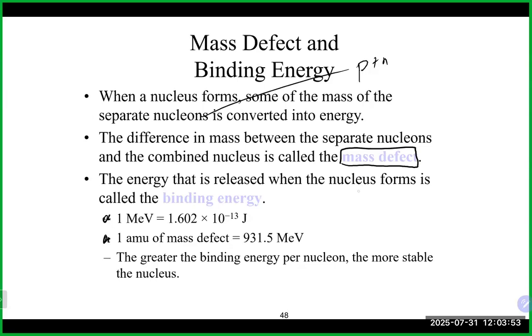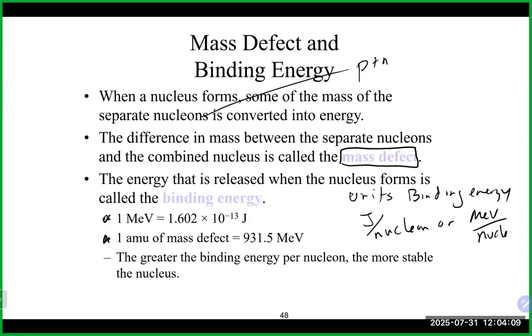So common units of binding energy are joules per nucleon and mega electron volts per nucleon.